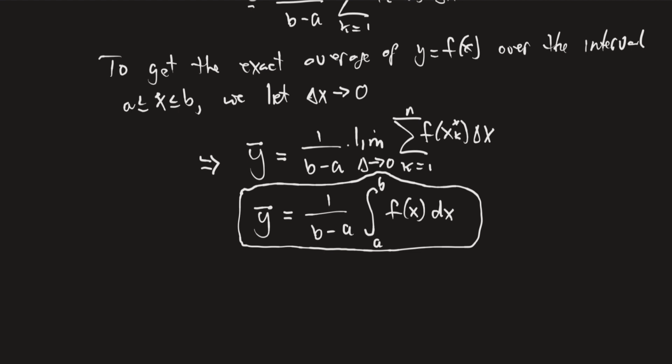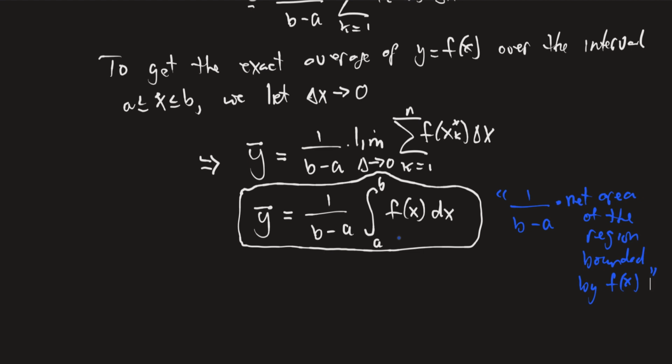So in a sense, the average value could be described this way: it's 1 over the interval times the net area of the region bounded by y equals f of x, right? Because again, we know that this is just a regular definite integral. What's new is this 1 over b minus a, all right?